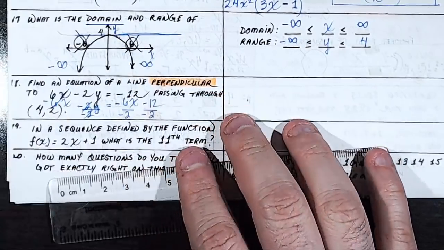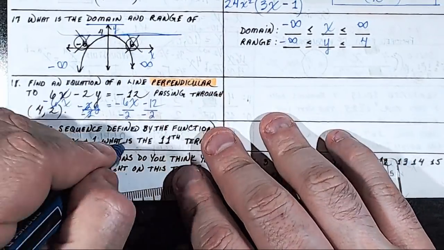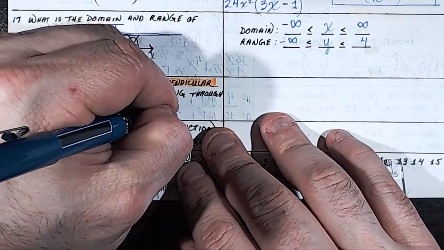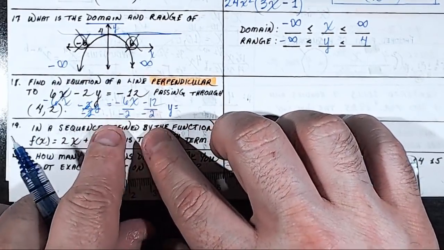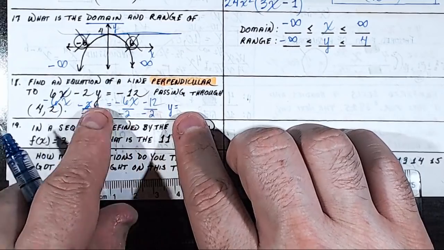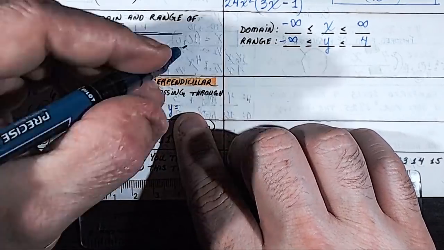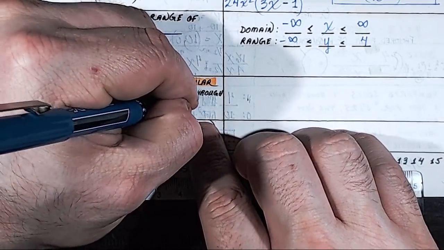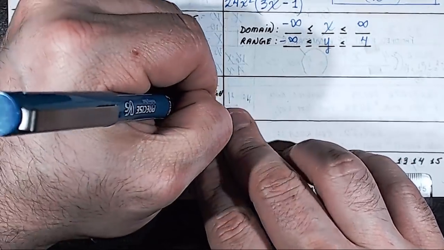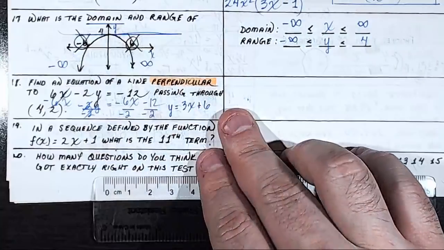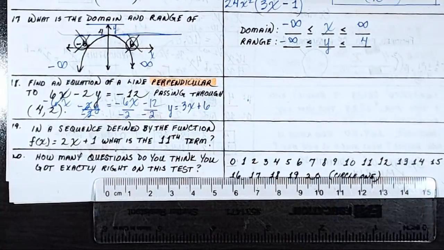On the left they cancel, and I'm going to move this y over here, so y equals negative 6x over negative 2. Negative 6 divided by negative 2 gives me positive 3x. Negative 12 divided by negative 2 gives me positive 6. So I've got y equals 3x plus 6. This is the equation of the given line.